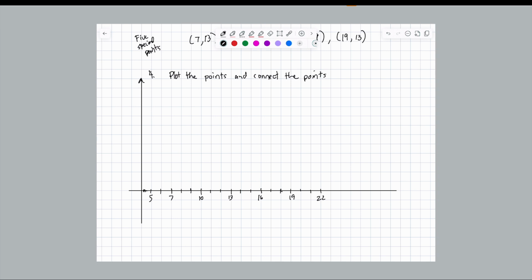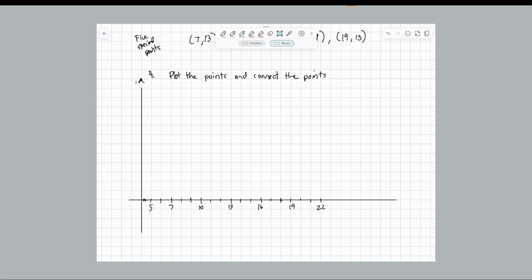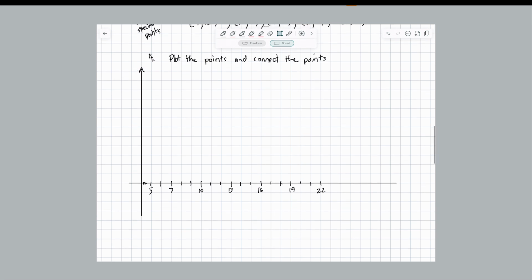But let's see, I need to drag this down just a tad here so I can get more space. Okay. All right. So 1, 2, 3, 4, 5, 6, 7, 8, 9, 10.